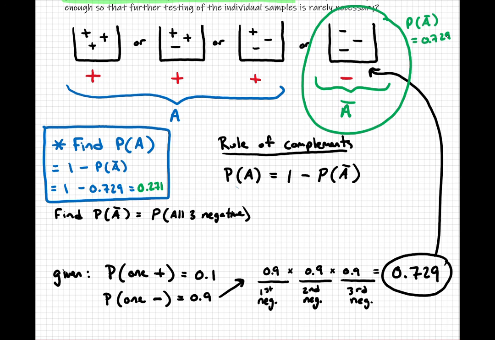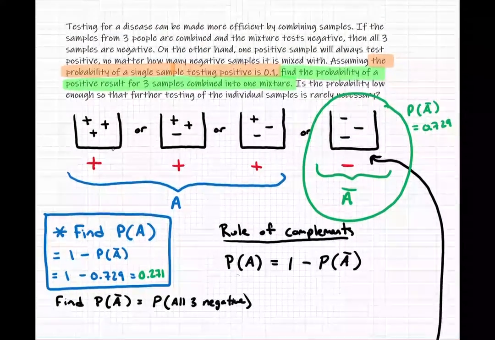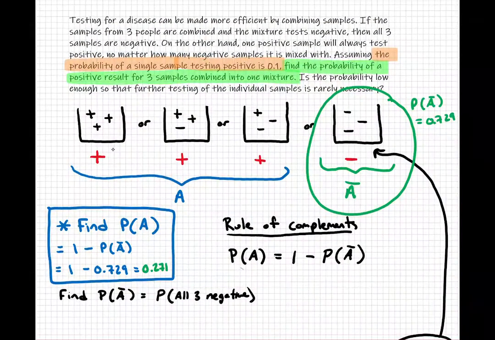When the complement could only happen one way, and the event itself could happen multiple ways, you want to count the complement. You want to find the probability of the complement. Okay, so in this case, 1 minus the probability of not A, 1 minus 0.729 gives us 0.271. And that does it for this problem.